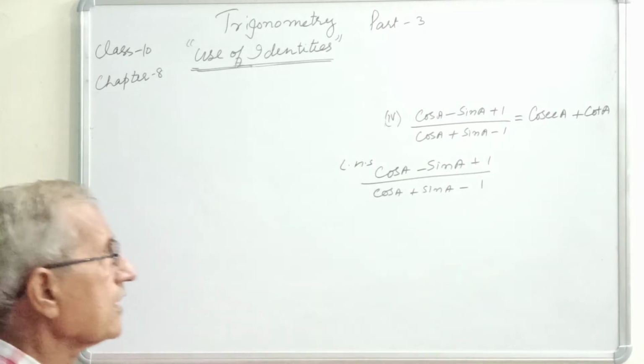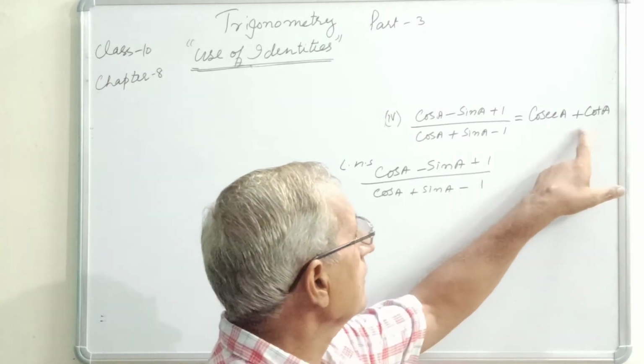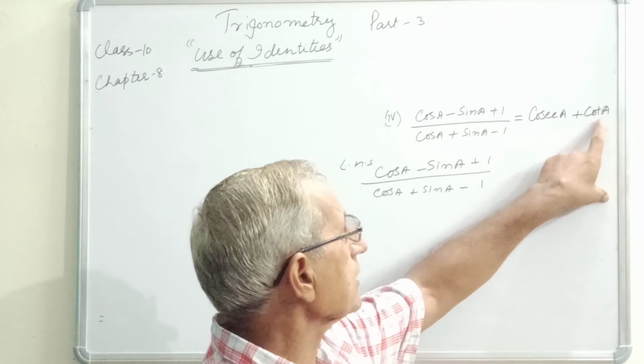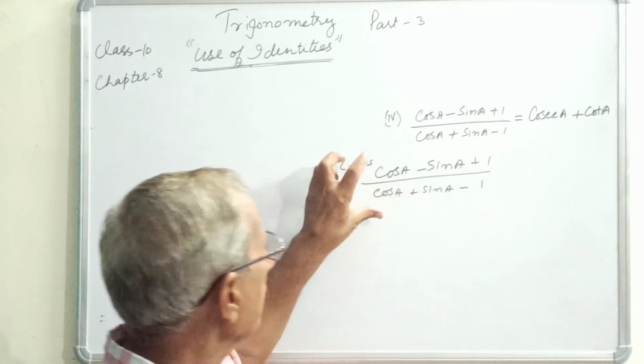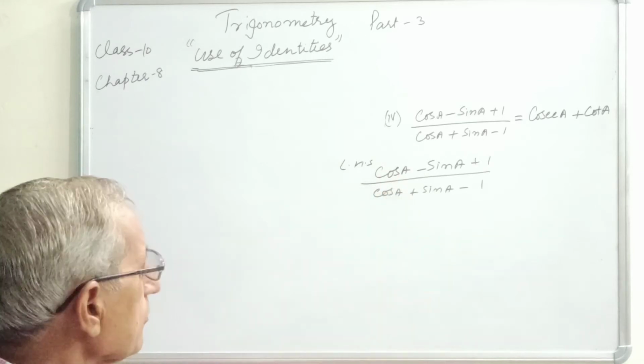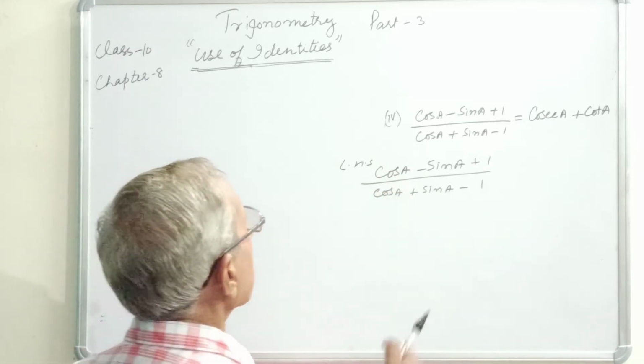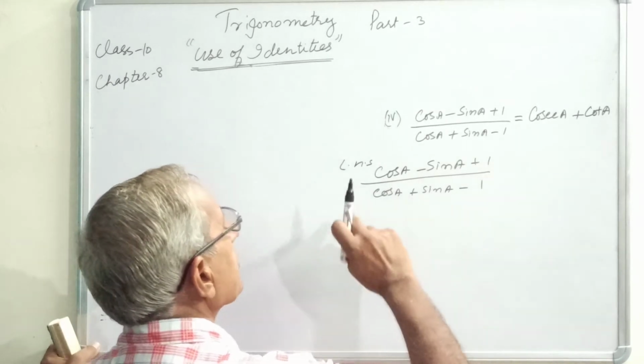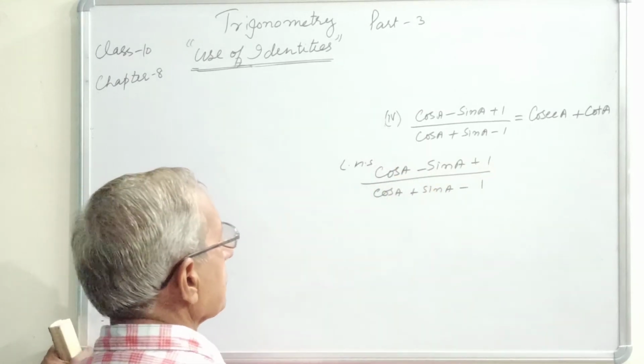So just see the right hand side, we have one part that is cot A. So you have to change this left hand side in the form of cotangent A. So divide all the terms, numerator as well as the denominator, by sin A.